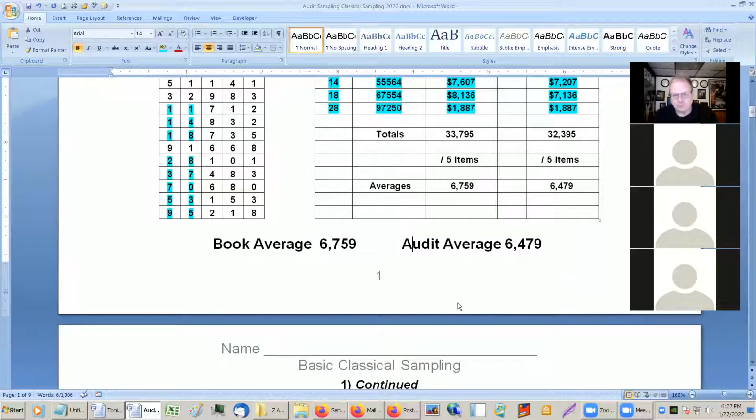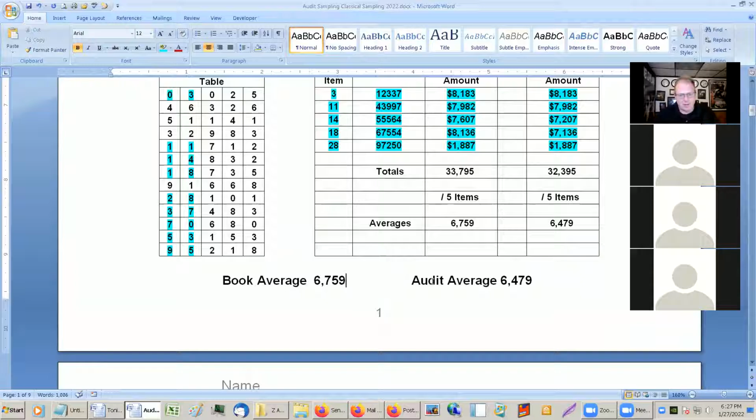It's a little too big. So our audit average is this, and the book average, I'll make it yellow.